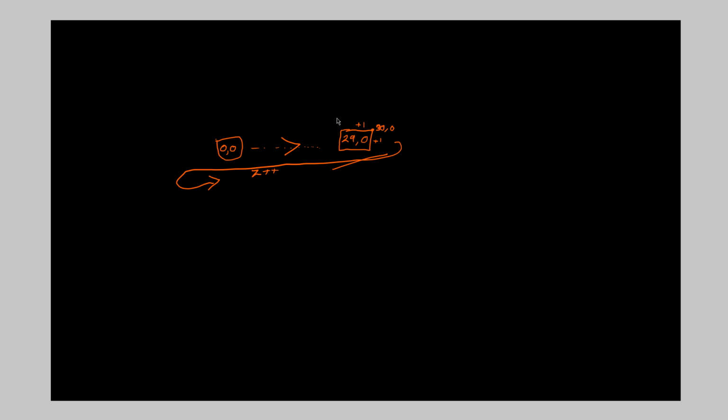And then we loop back with the Z plus plus. And we go across the X plus plus here. X plus plus, X plus plus. So that's how we're going to structure this. And that should make us a big square.